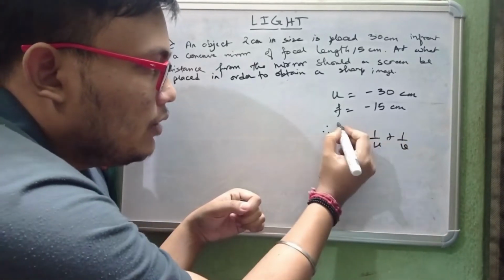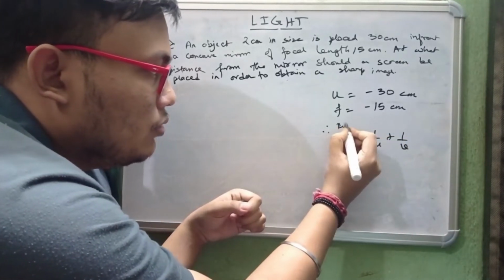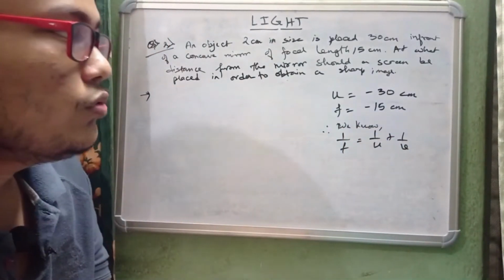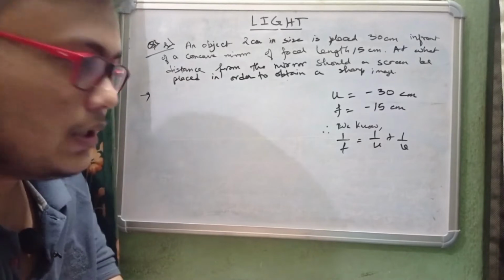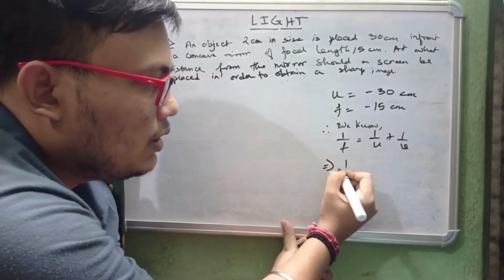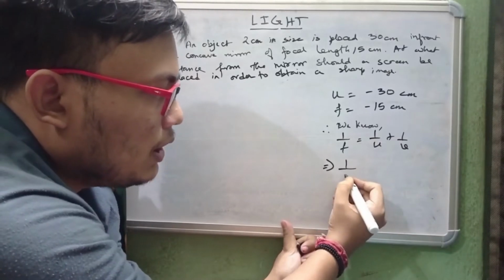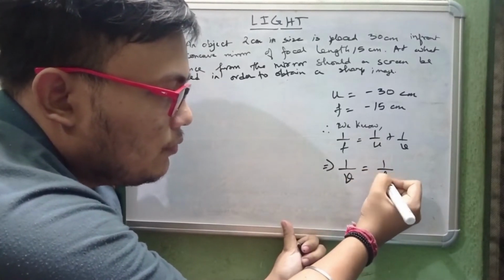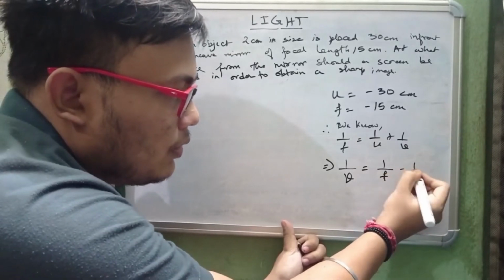So from the mirror formula we know that 1 by f equals 1 by u plus 1 by v, right? This is the formula we know. So now we can easily find 1 by v, that is 1 by f minus 1 by u.